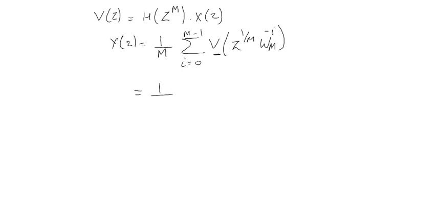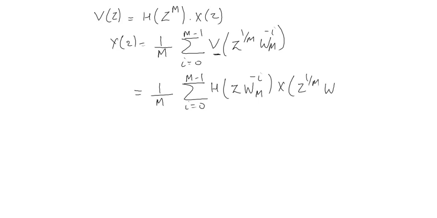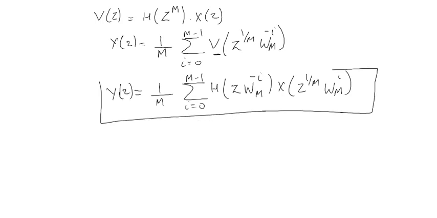So that will be 1 upon m, summation I equals 0 to m minus 1, that will be h of z to the power m. Okay, m and 1 by m will cancel, so it will remain with h of z to the power m, and then W_m to the power minus I times x of z to the power 1 by m W_m to the power I. So this will be the output from the second stage identity.